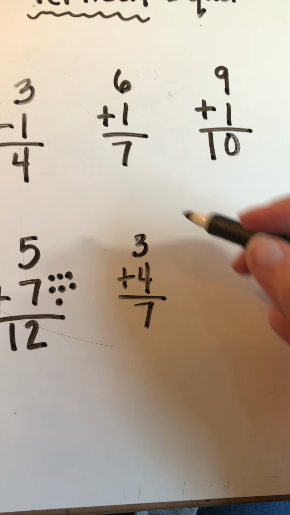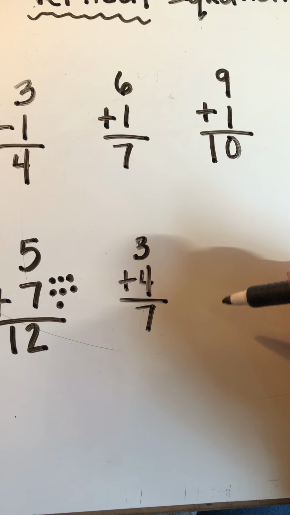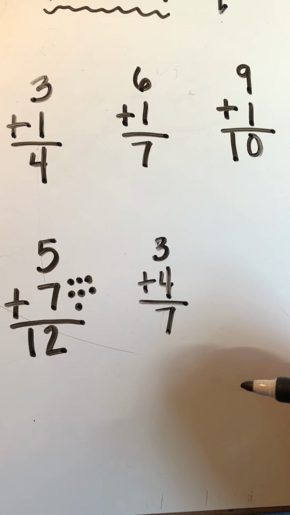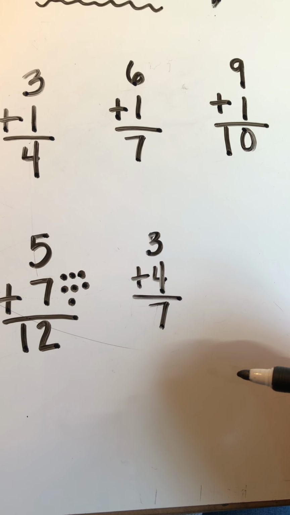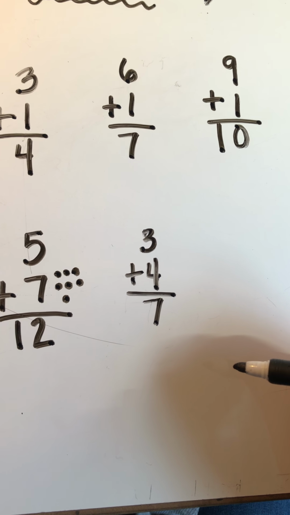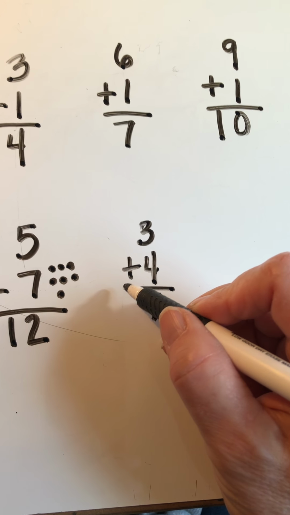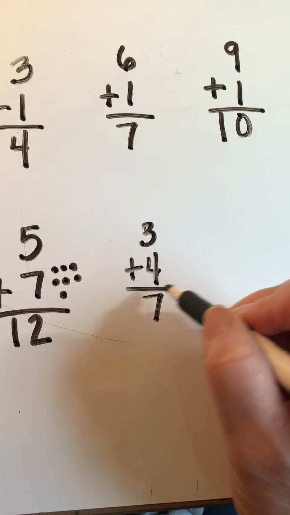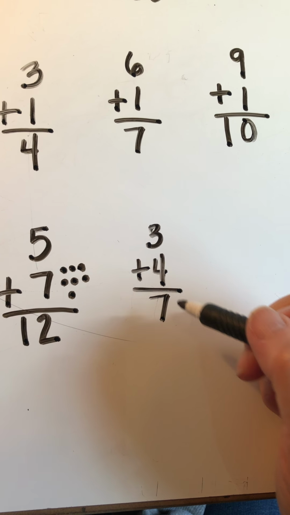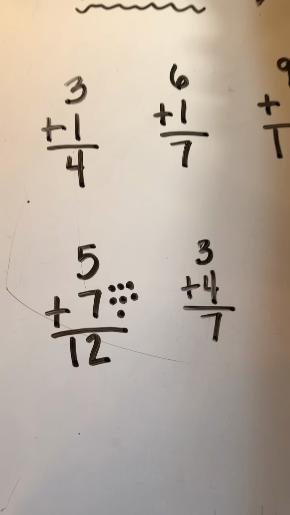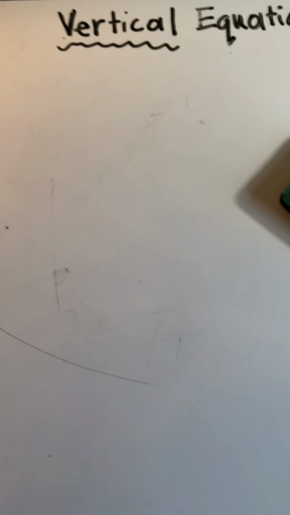So don't let these vertical math problems bother you because it's exactly the same as those horizontal math sentences. We're just writing it in a different way. So we're lining everything up and we're using that big line going across to mean our equals, and then we'll write our answer down underneath. Excellent. Okay, that's all for some addition, and now we'll practice some subtraction.